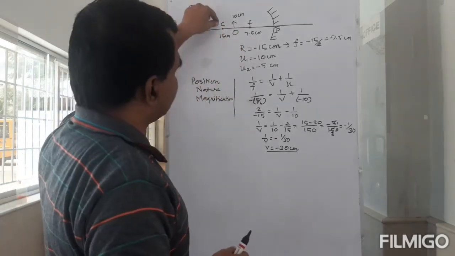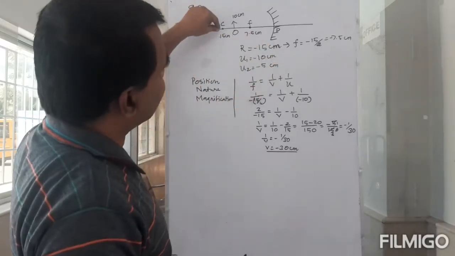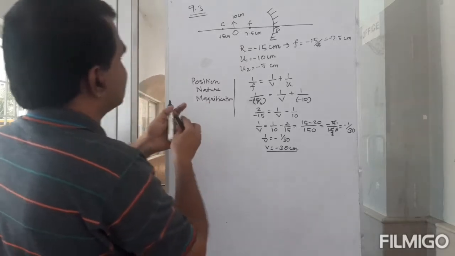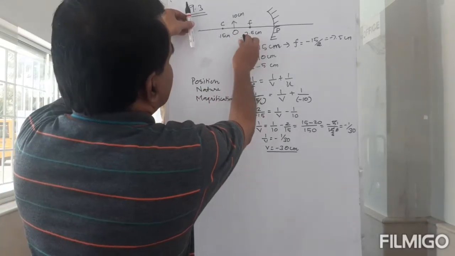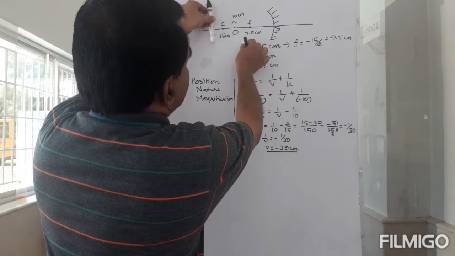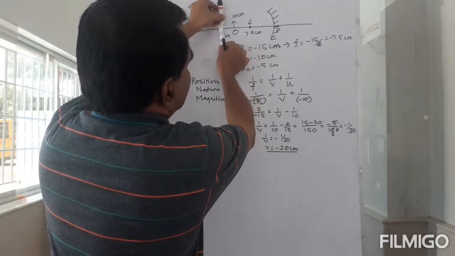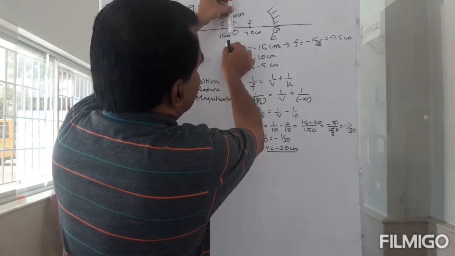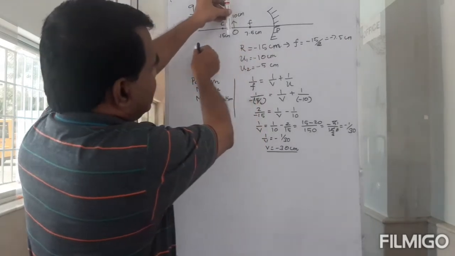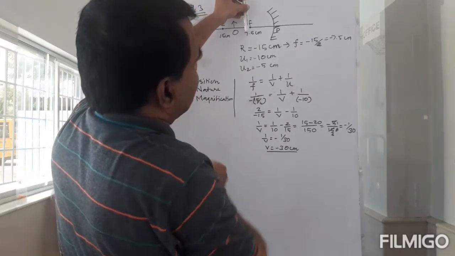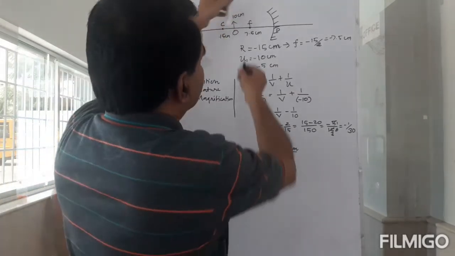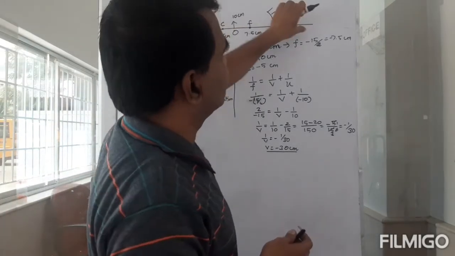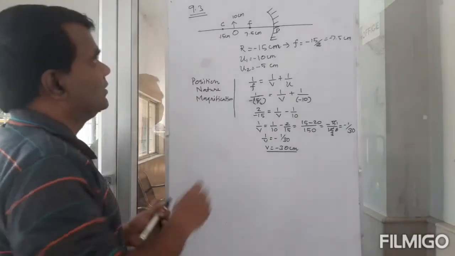If you bring it closer, then the image will move further away. And when you keep it at f, the image will be formed at infinity. If you bring it closer than that, the image will be formed on the other side.